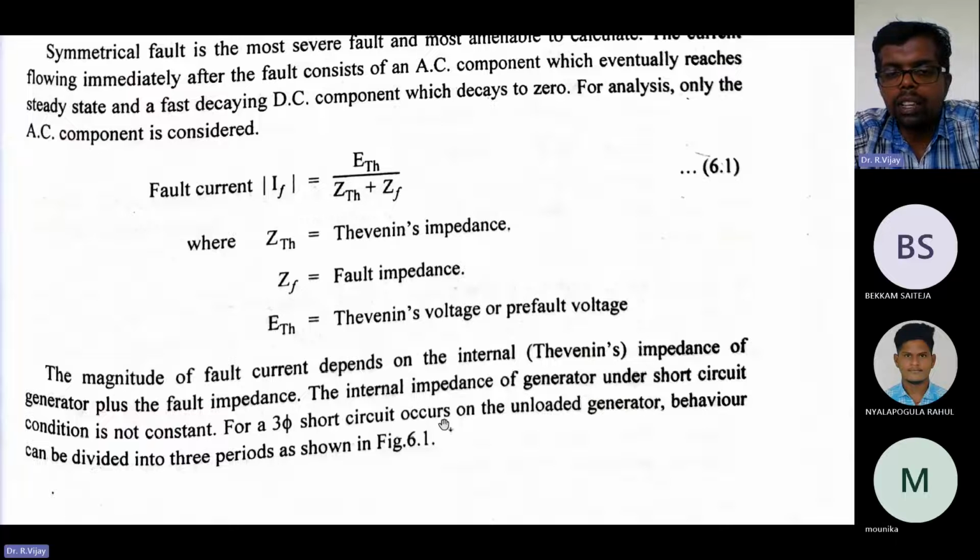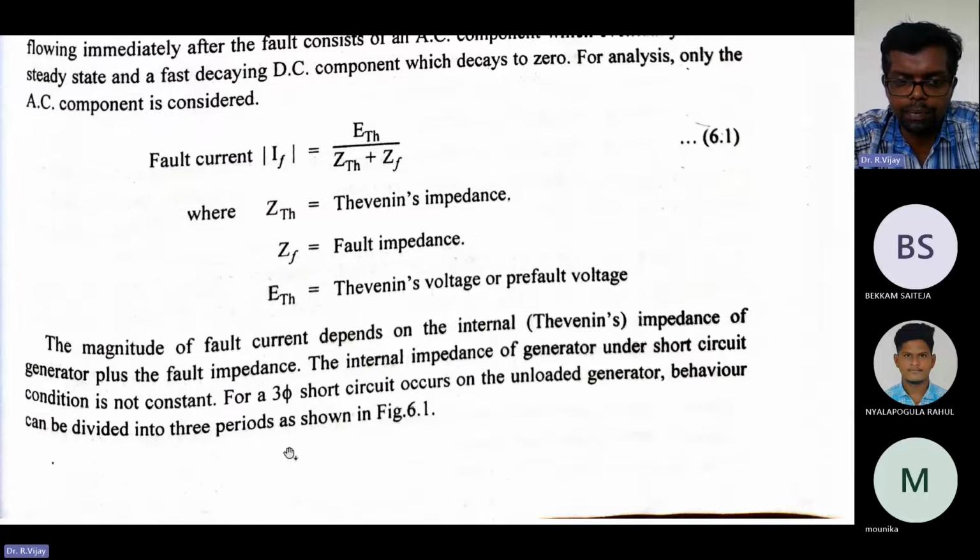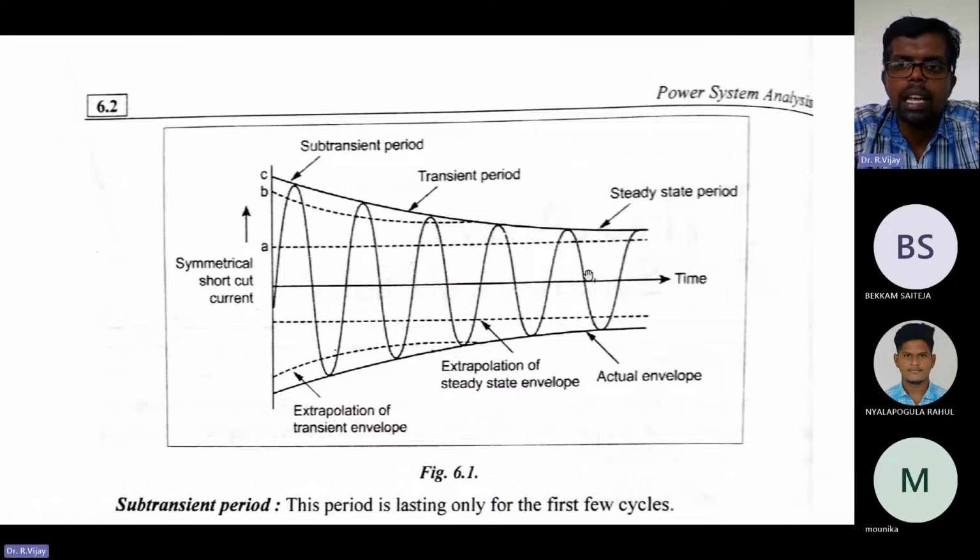When a three-phase short circuit occurs on the unloaded generator, the behavior can be divided into three periods: a steady state period, a transient period, and a sub-transient period. You can see how, for example, in a single phase, the magnitude is changing.